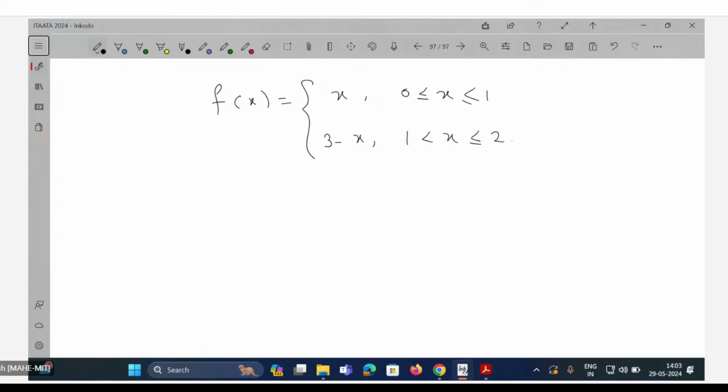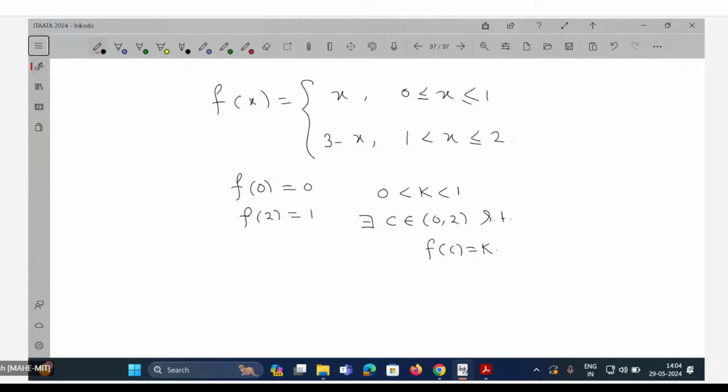That means what? f of 0 is 0, and f of 2 is equal to 1. So if we have any k in between 0 and 1, there will exist a c in (0, 2) such that f of c is equal to that number k.